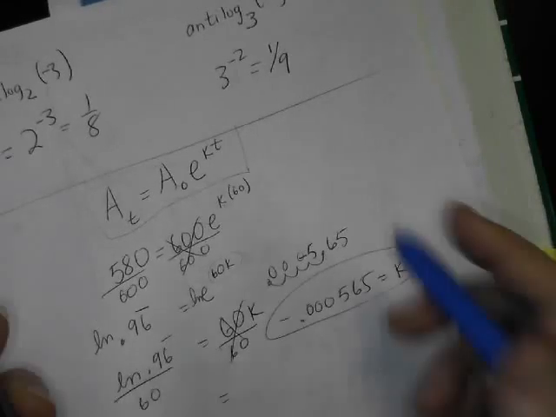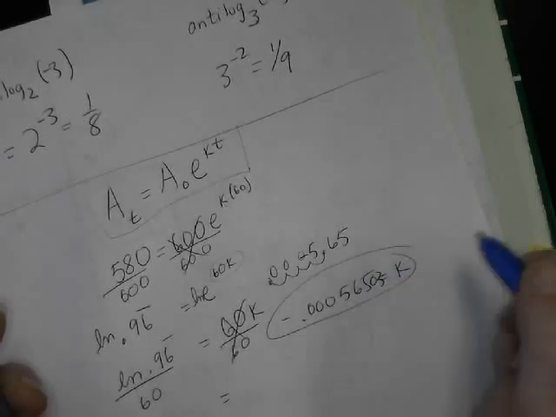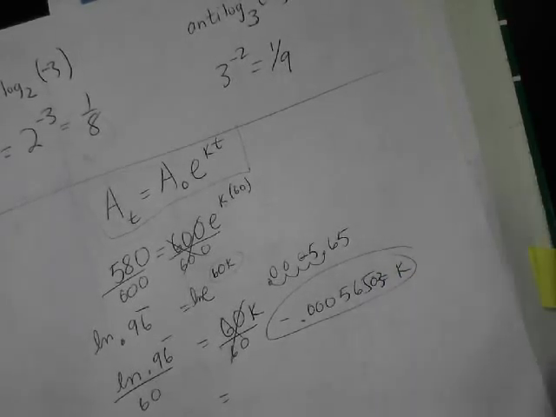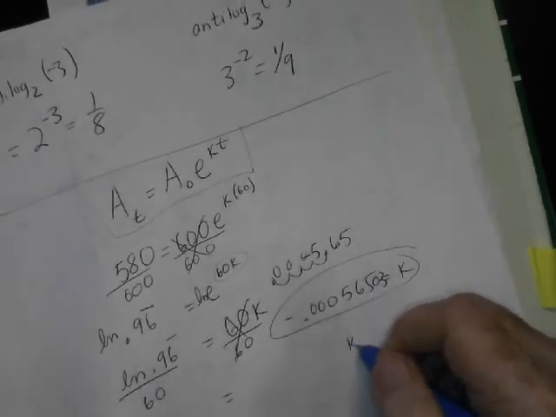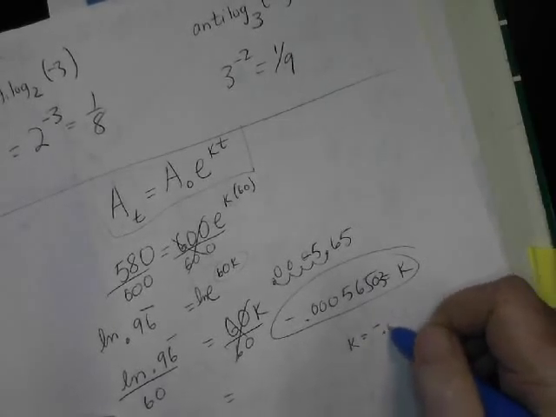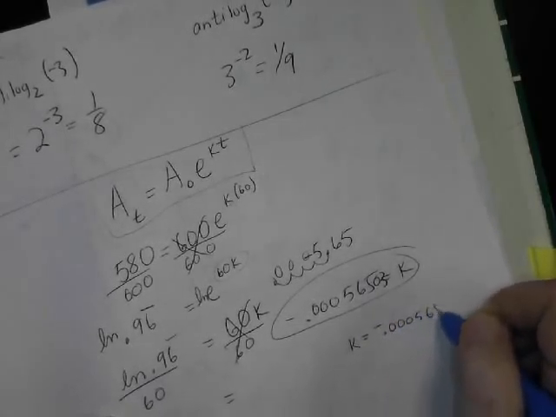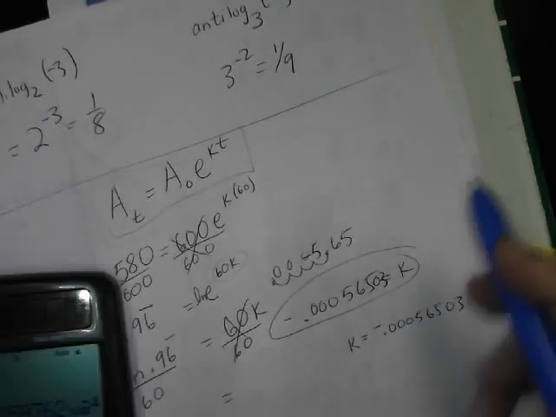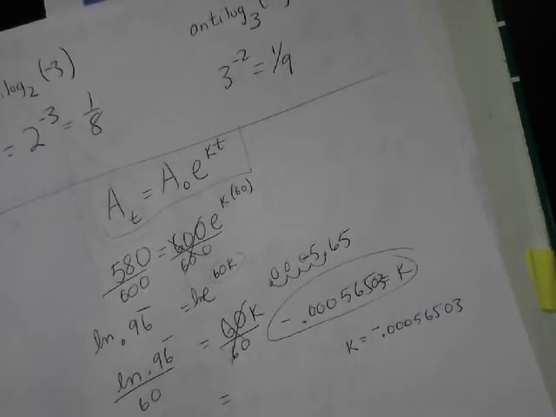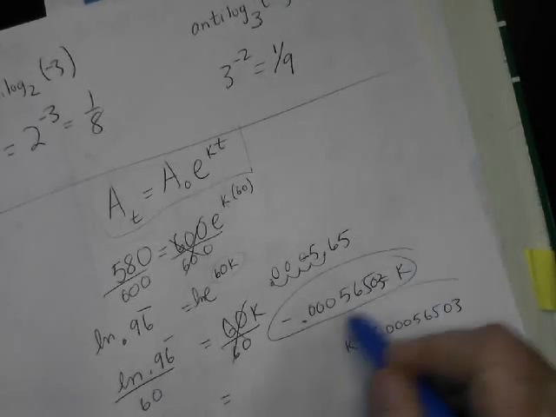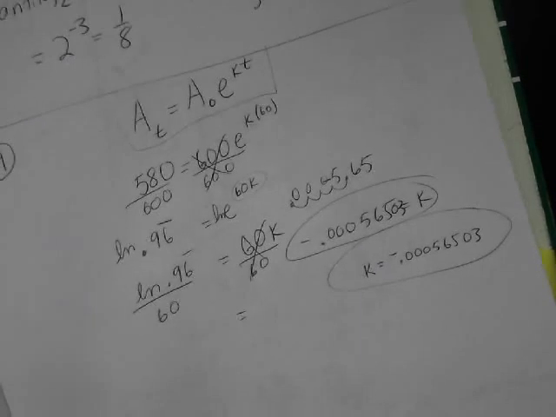So I just want to round it to enough places so that it's going to end up matching. So I'm going to say K is negative 0.0005653. I'll probably try to leave it in my calculator. So there's K, and now I want to start back and find the half-life.